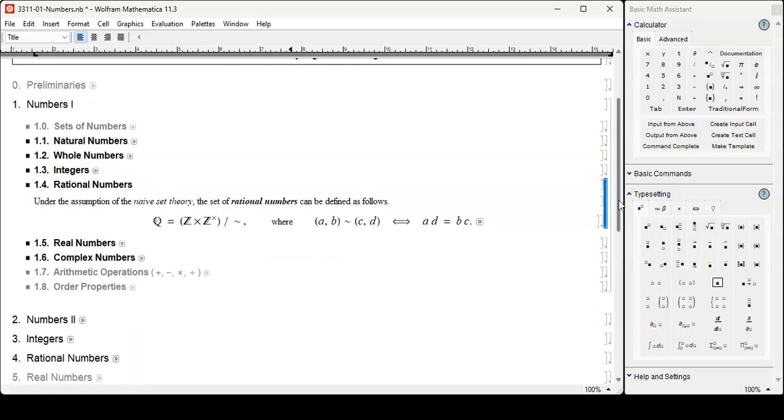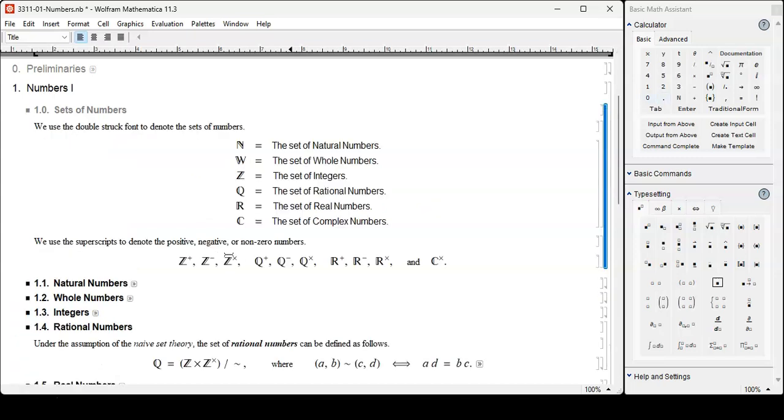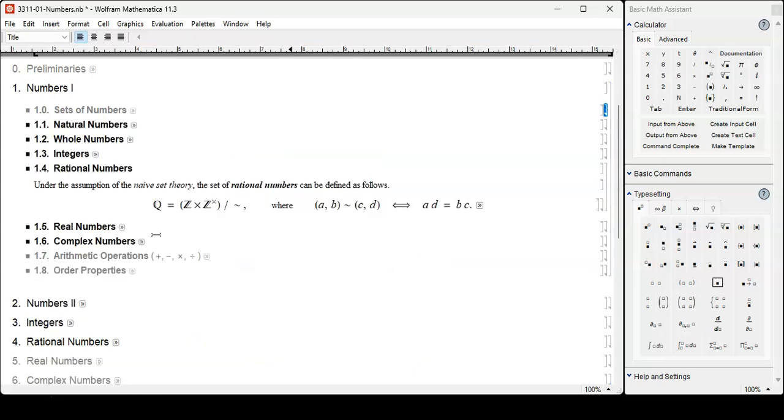Okay, we did integers, now rational numbers. We have Z and the Cartesian product Z cross Z with non-zero second coordinate. By the way, if you have this X notation up there, that means non-zero integer, non-zero rational, non-zero real, non-zero complex, things like that. So the second coordinate is non-zero, and we define the equivalence relation like this.